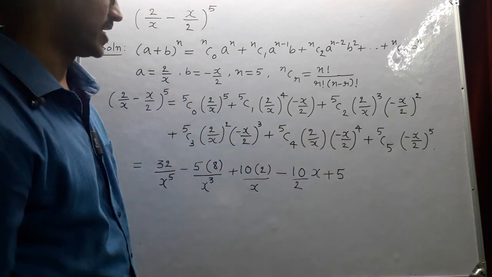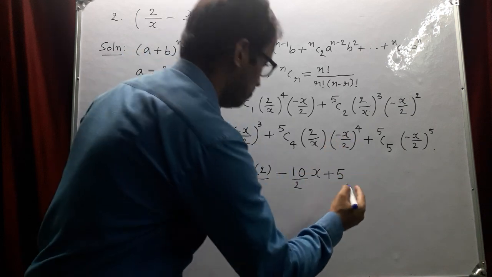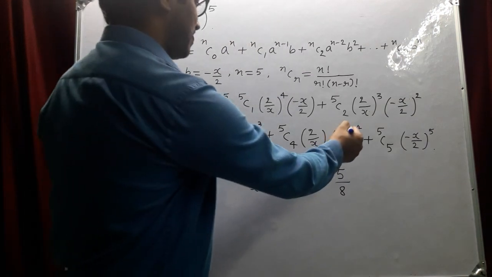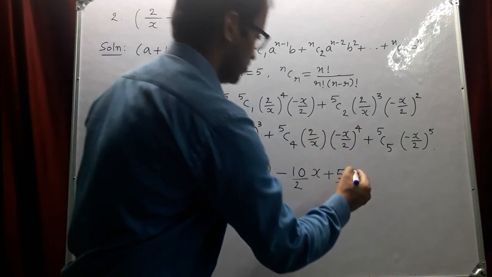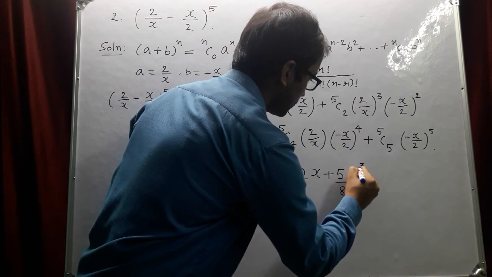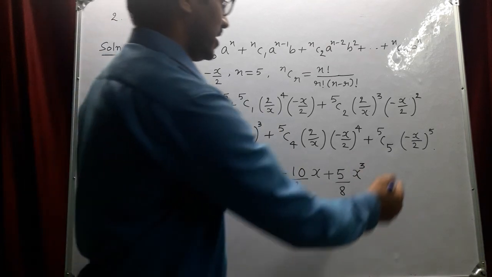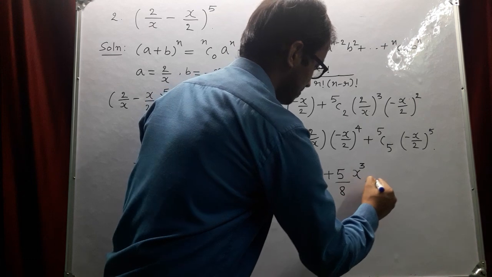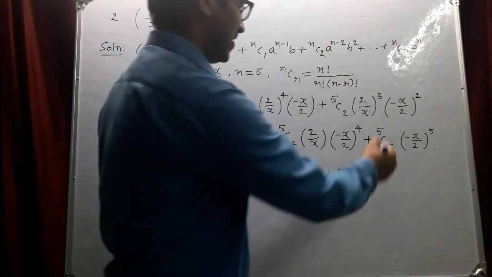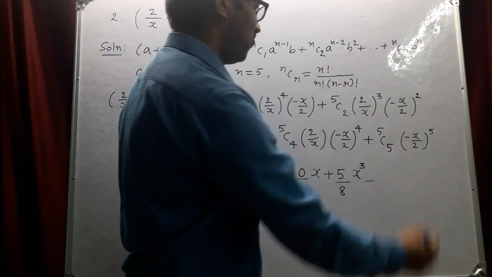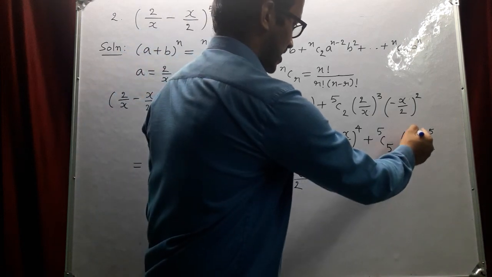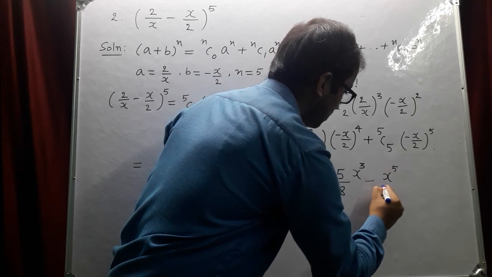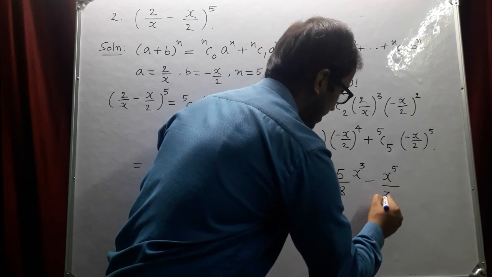So 2 will get cancelled, so 2 cube, that is 8. Here x power 4 by x, so that is x cube. Here minus 1 power 5 is minus, plus into minus becomes minus 5c5. 5c5 value is 1. So what we will get here, x power 5 by 2 power 5 is 32.